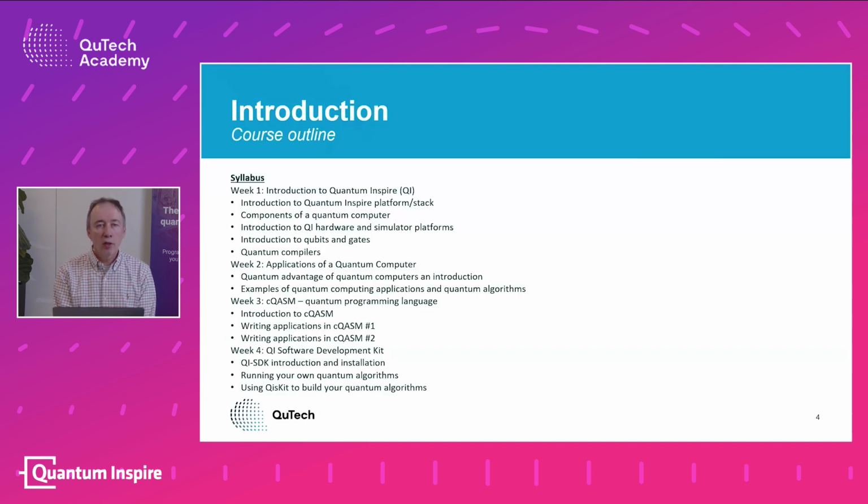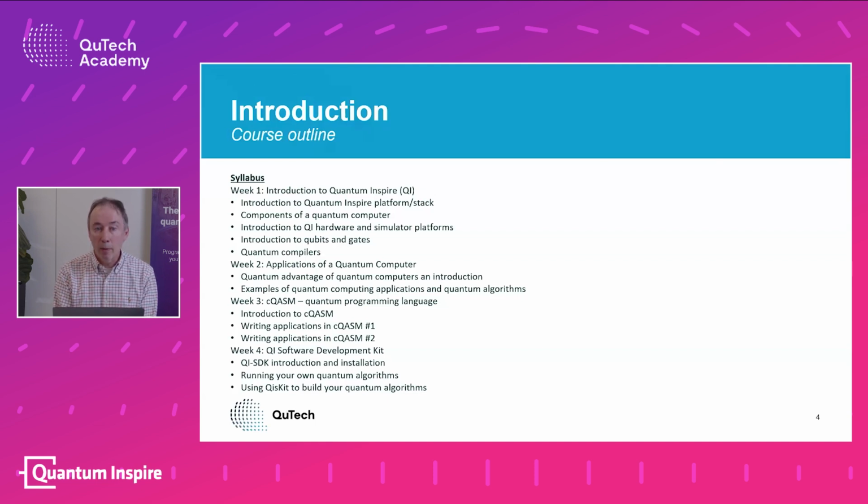So this is the course outline of the course you followed. There were 4 weeks of courses with an introduction to the Quantum Inspire platform and the hardware and the simulator platforms and quantum compilers. The second week was more about applications of quantum computers and the quantum advantage and some examples of quantum computing applications and quantum algorithms. Week 3 was about the cQASM language, a quantum programming language that is available on Quantum Inspire.